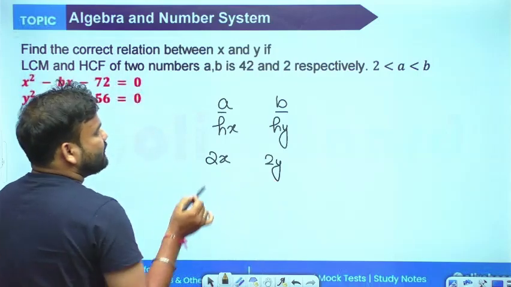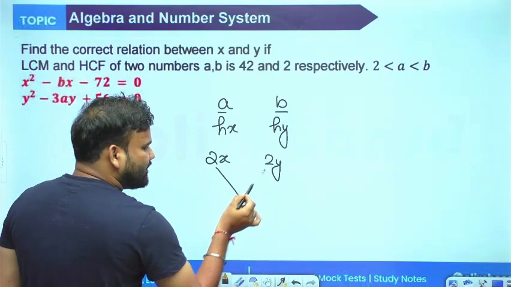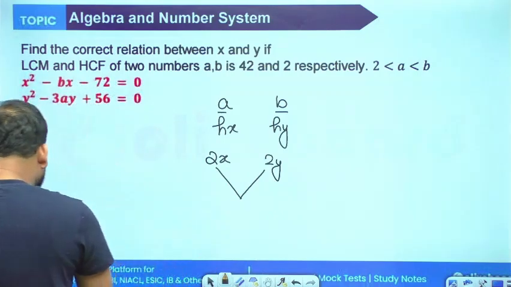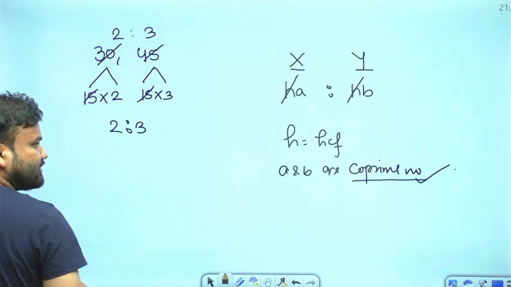And what about the LCM? LCM is the common multiple of both the numbers. So in this case, what is the LCM?